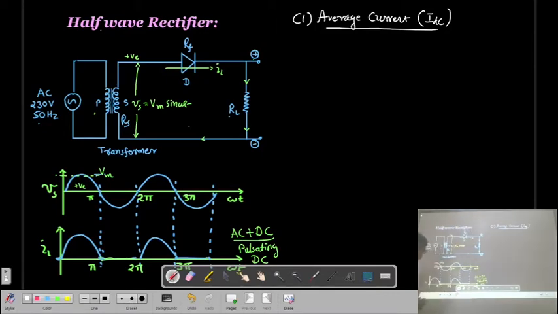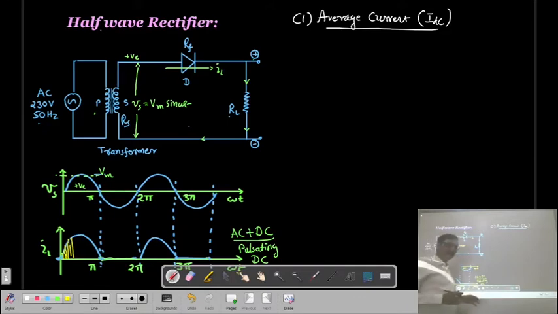So how can we find it? Here, whatever the current is, we have different values of the load current. This is IL1, IL2, IL3, IL4, IL5 and so on. Different values of the currents are present, so I have to take the summation of all these currents.